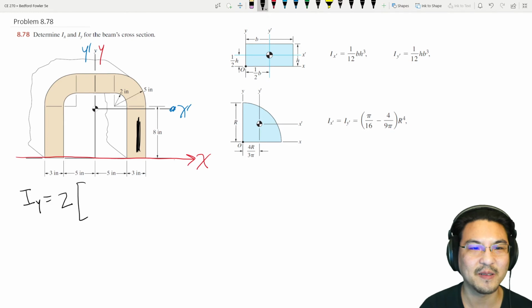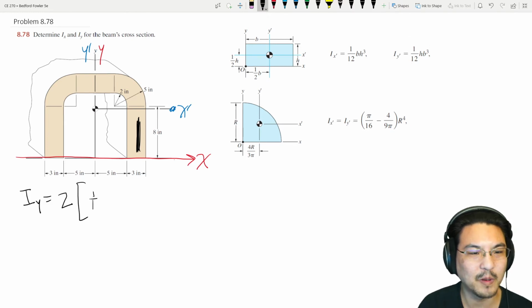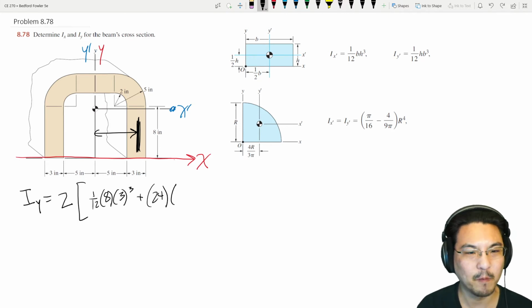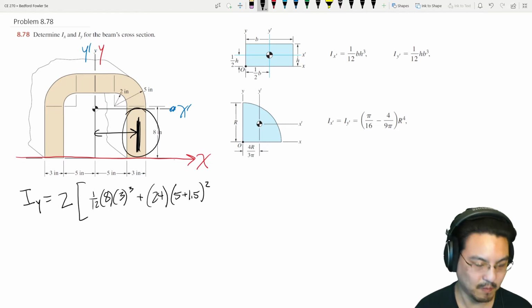So about that axis is right here, 1/12 height base cubed, the height is 8, base is 3, plus, we have to do the parallel axis theorem, the area of that shape, 24, times that distance, 5 plus 1.5, squared. Okay, so that's for this rectangle.